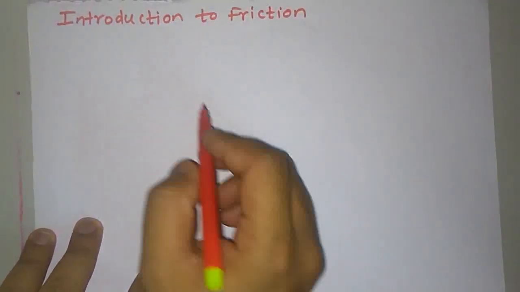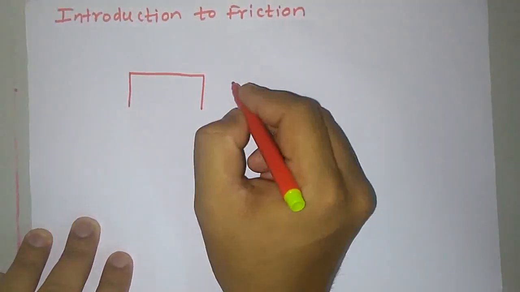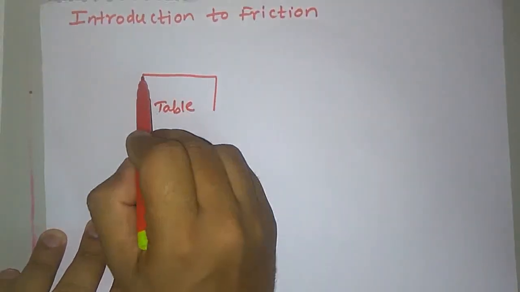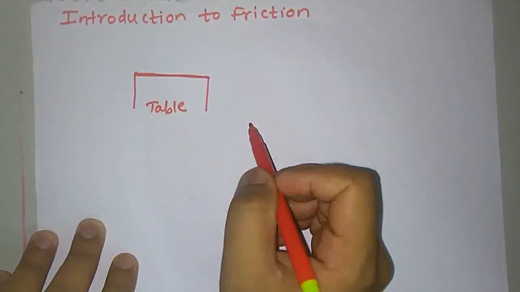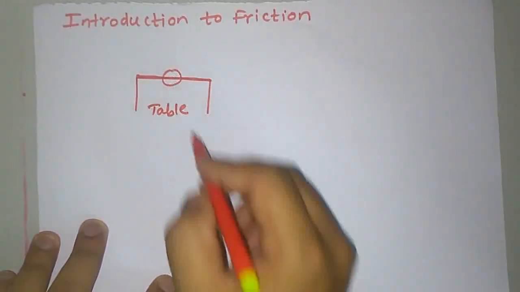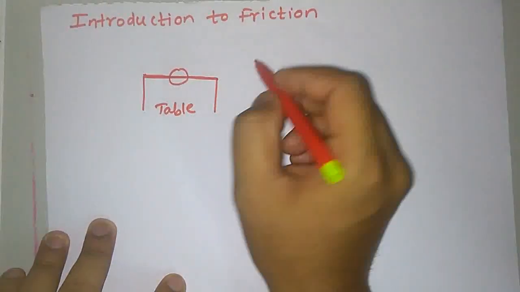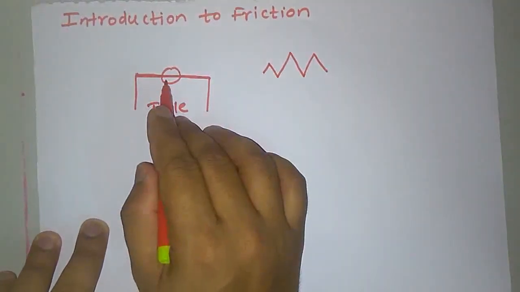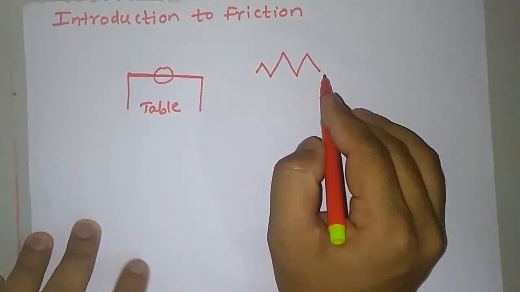Now we will take one table, or you can take any surface. Suppose this is a table. At first sight, when you look at the top of the table, that is the surface of the table, it looks very smooth. But when we observe this table under a microscope, you can find some irregularities, some roughness on the table surface.